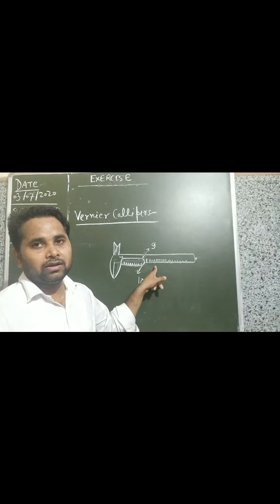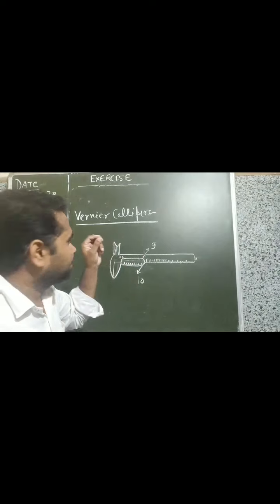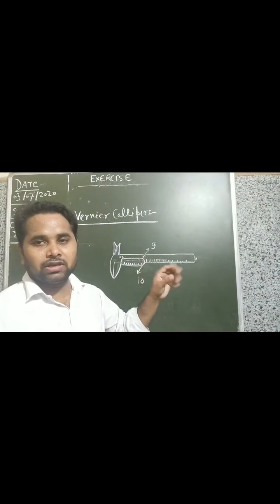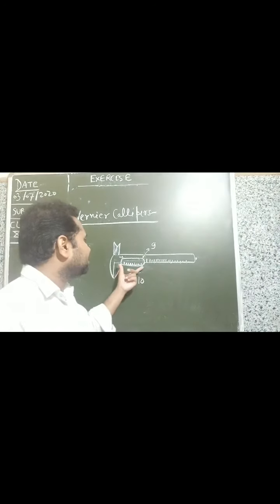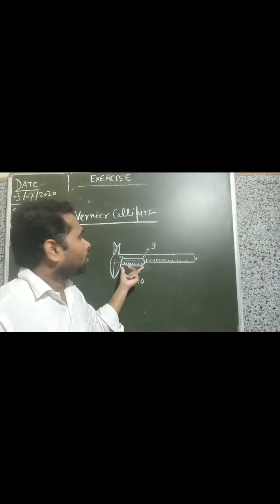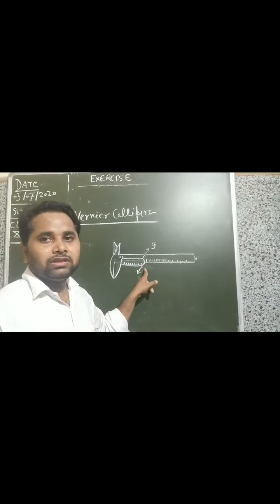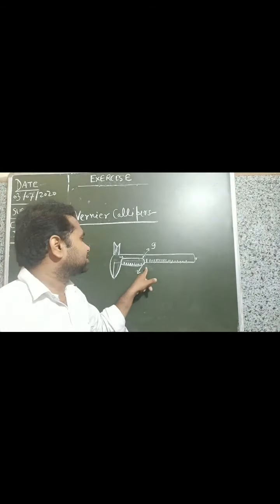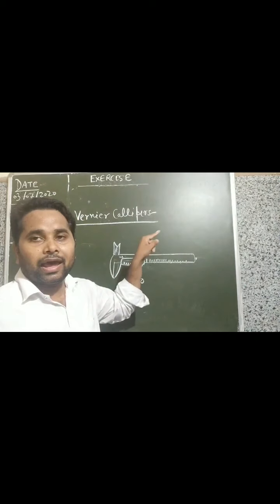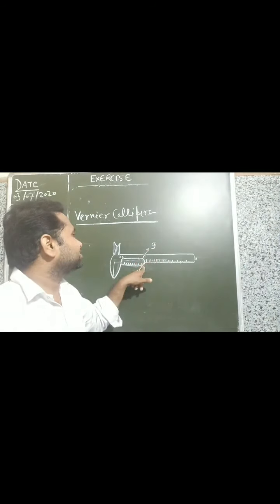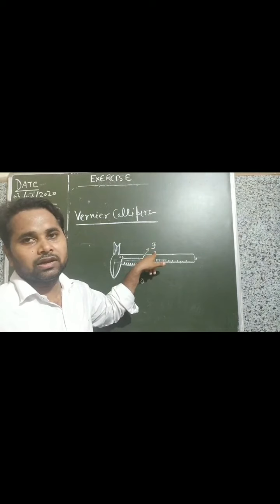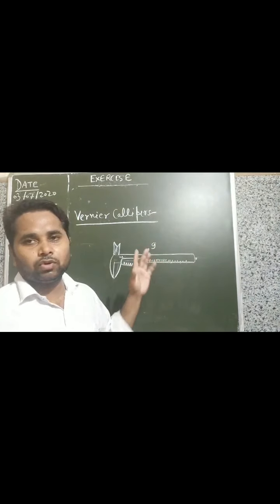I'm repeating again: the vernier calipers you will see in the lab has 10 divisions on the vernier scale, and the 10th division, the last division of the vernier scale, coincides with the 9th division of the main scale, one division less.